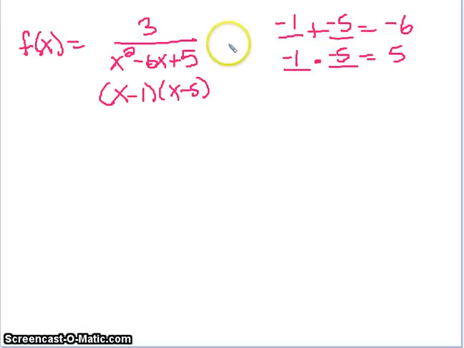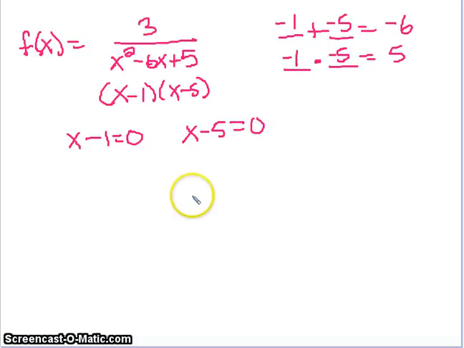Now, we can't say that our function is not defined at negative 1, because if we were to plug in a negative 1, that's not going to give us a 0. However, if you take whatever your factors are in your denominator, and you set them equal to 0, that is going to show you the values that x cannot be.